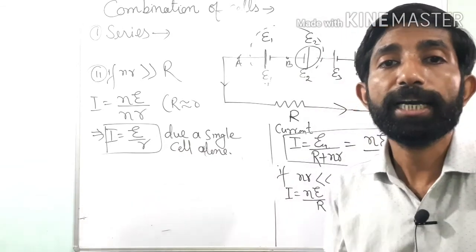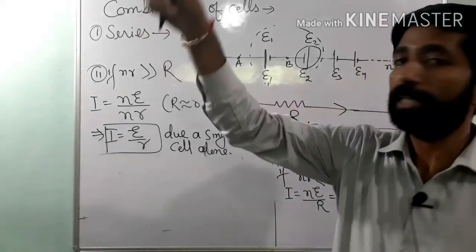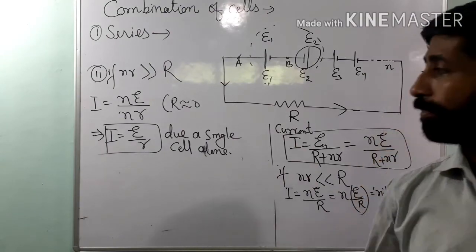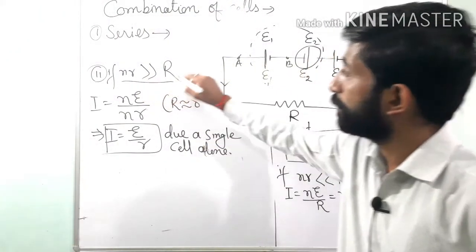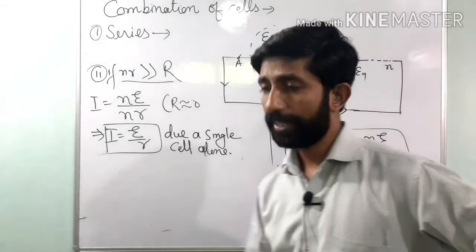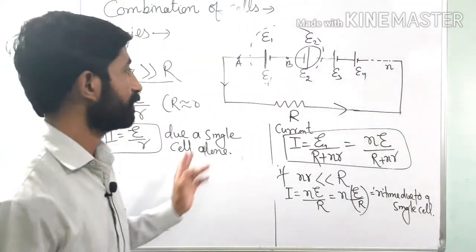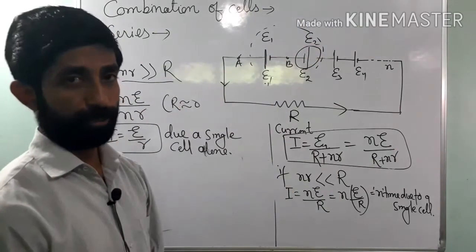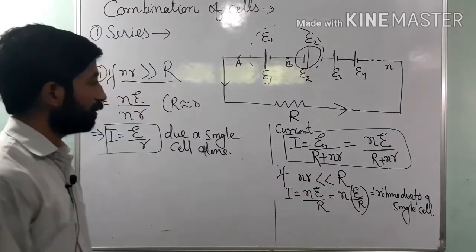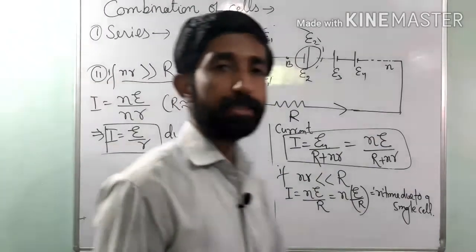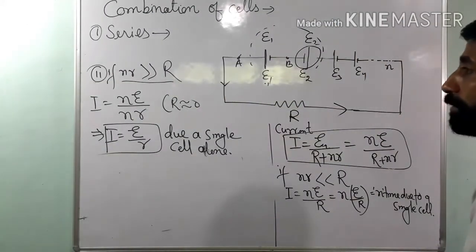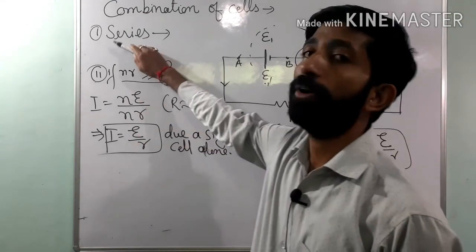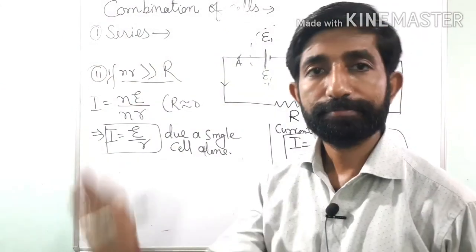Then why should I go for this large number of cells? Better I use how many cells? 1 cell. So if this condition is holding, then we must take only 1 cell, as the series combination will not be fruitful for us. Okay, so most of the things have been covered in this topic. In the next video we shall discuss the parallel combination of cells. Till then, bye.